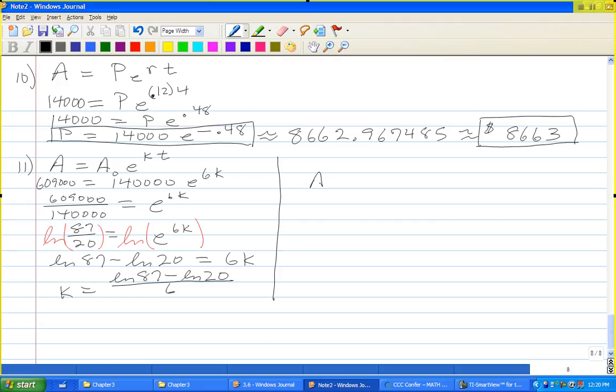Okay, so that says that A equals A0, 140,000, e to the kt. I want to figure out how long it will be before A becomes 1 million.